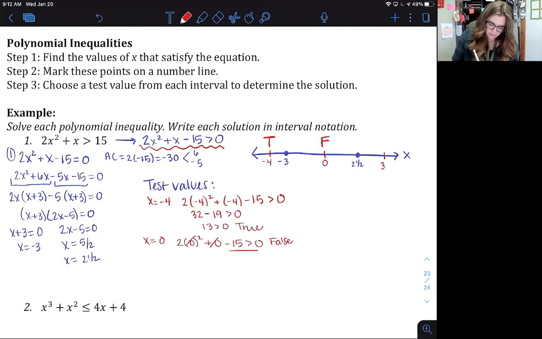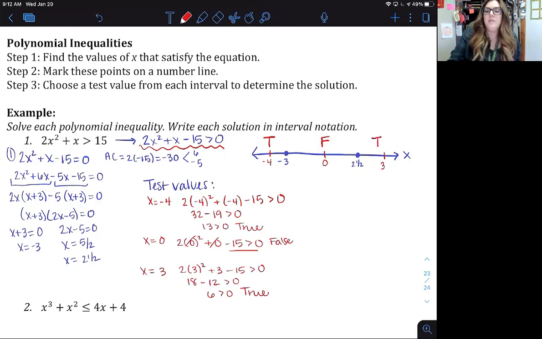So if x equals 3, we have 2 times 3 squared plus 3 minus 15 is greater than 0. 3 squared is 9, times 2 is 18. So we have 18, and then 3 minus 15 is negative 12. 18 minus 12 is 6, and is 6 greater than 0? Yes, so that is true. So I'm going to come up here and put a T.